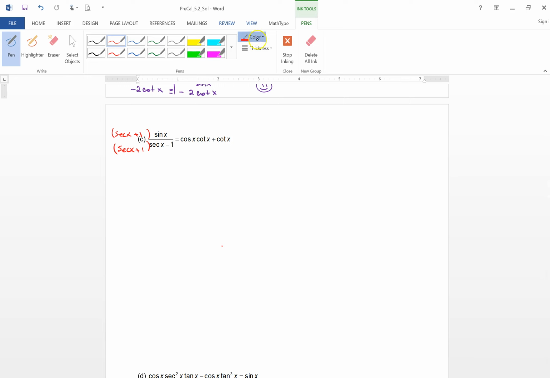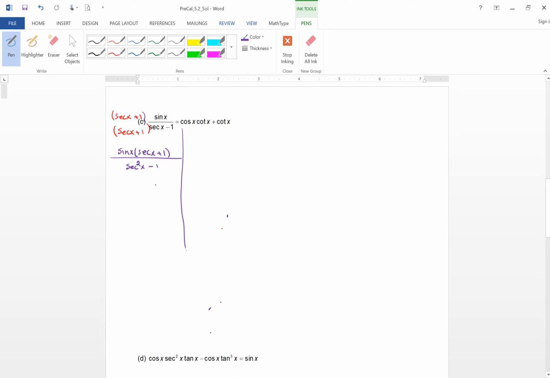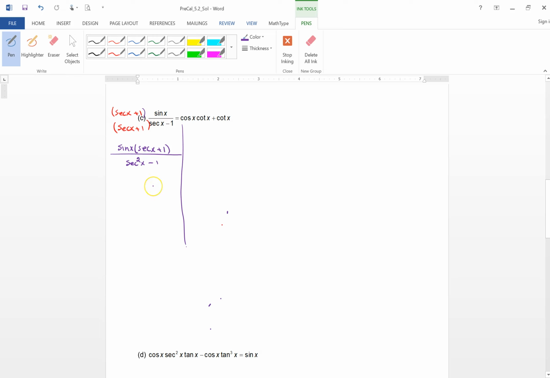Okay, so let's draw our line. Whatever you do to the bottom, you have to do to the top as well. So on the top, when I distribute, actually, I don't want to distribute just yet. I have sine x secant x plus 1 over secant squared x minus 1. Now, what's our formula?